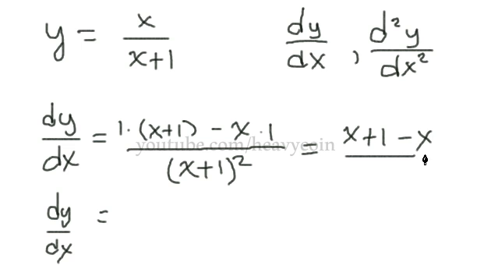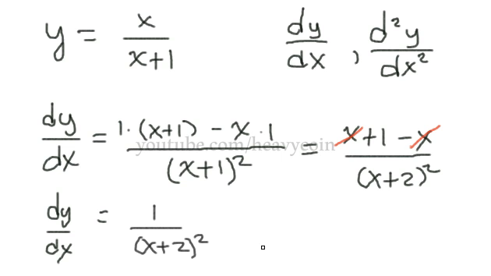Maybe you'll see it a little better if I rewrite it. As you can see, these x's are going to cancel out, and we're left with 1 over x plus 2 quantity squared.